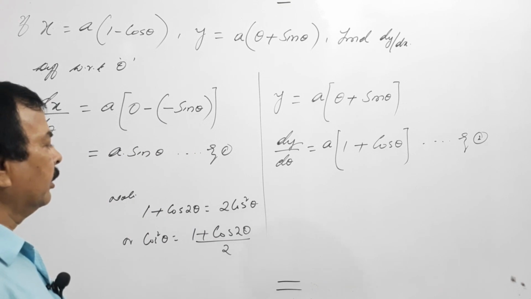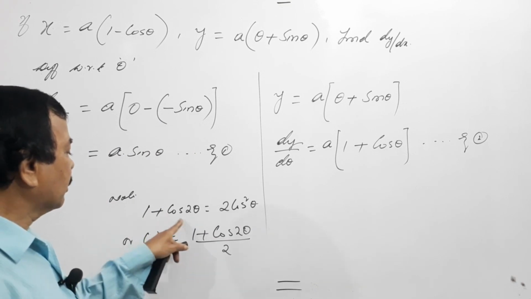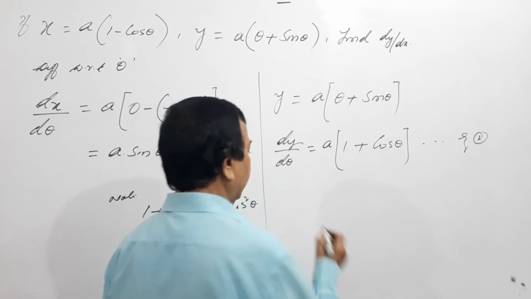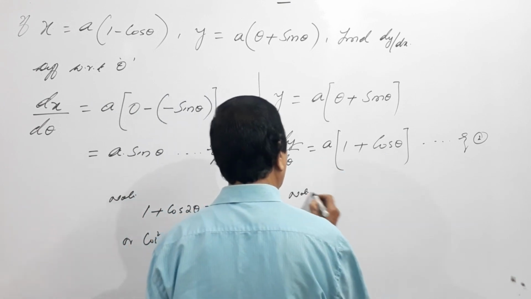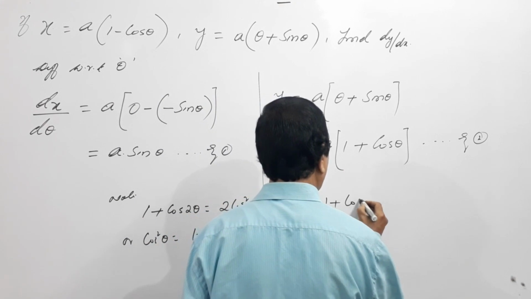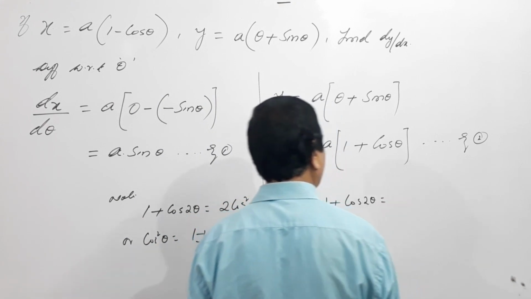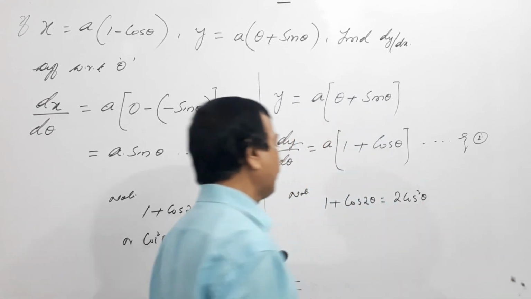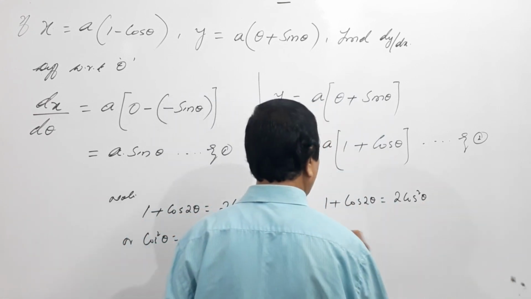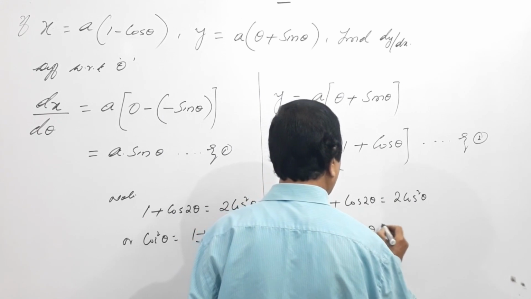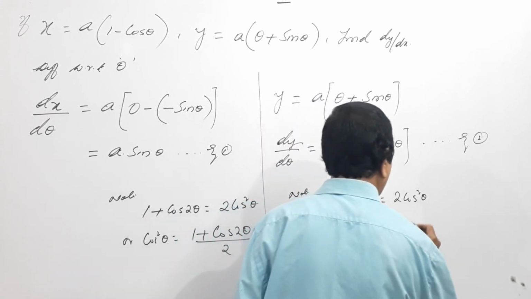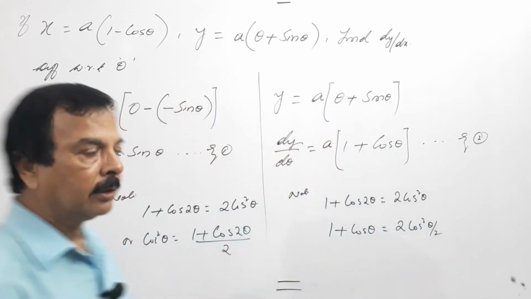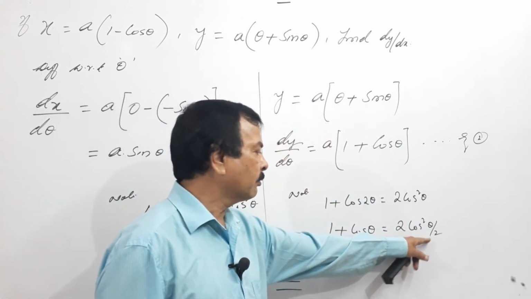So here, 1 plus cos 2 theta, but we have only cos theta, half angle again. So note: 1 plus cos 2 theta equals 2 cos square theta, right? Supposing I want 1 plus cos theta, that becomes 2 cos square theta by 2, half angles.